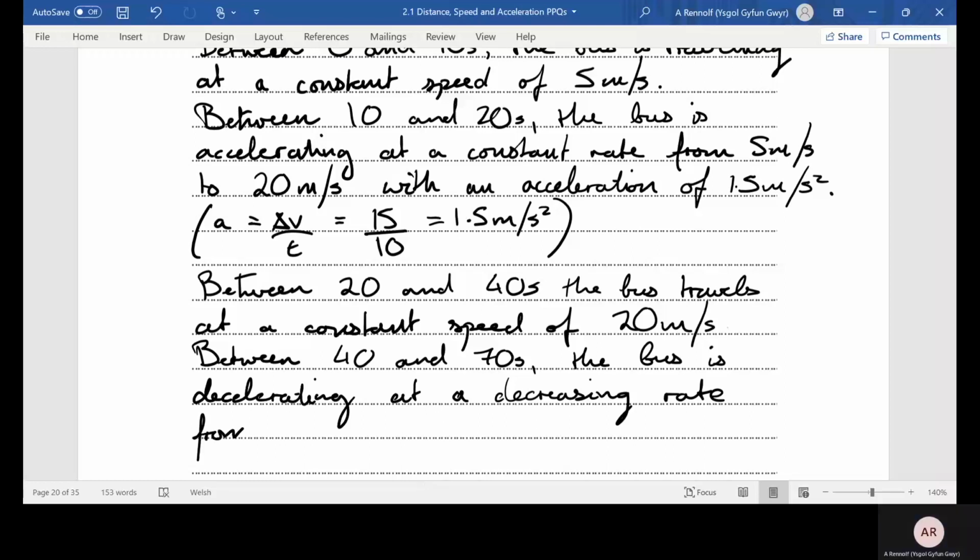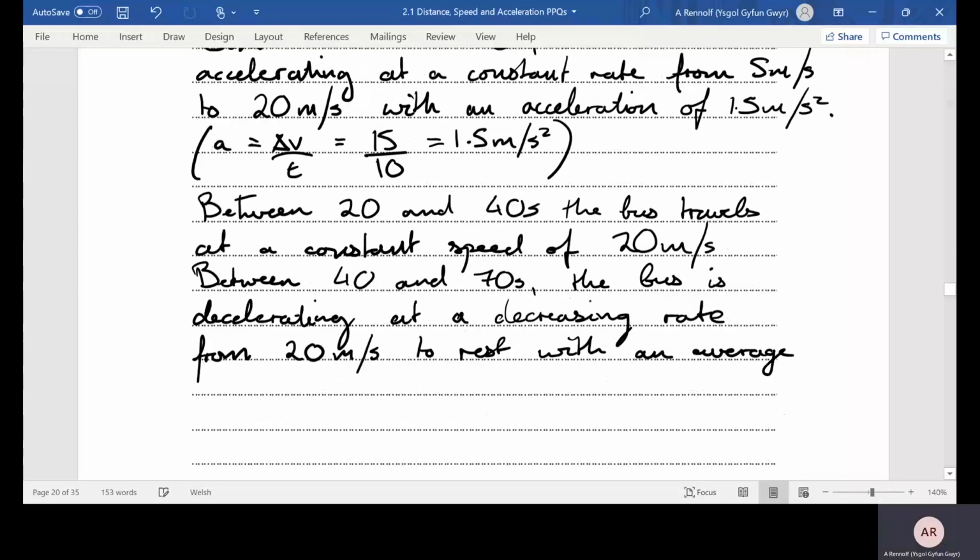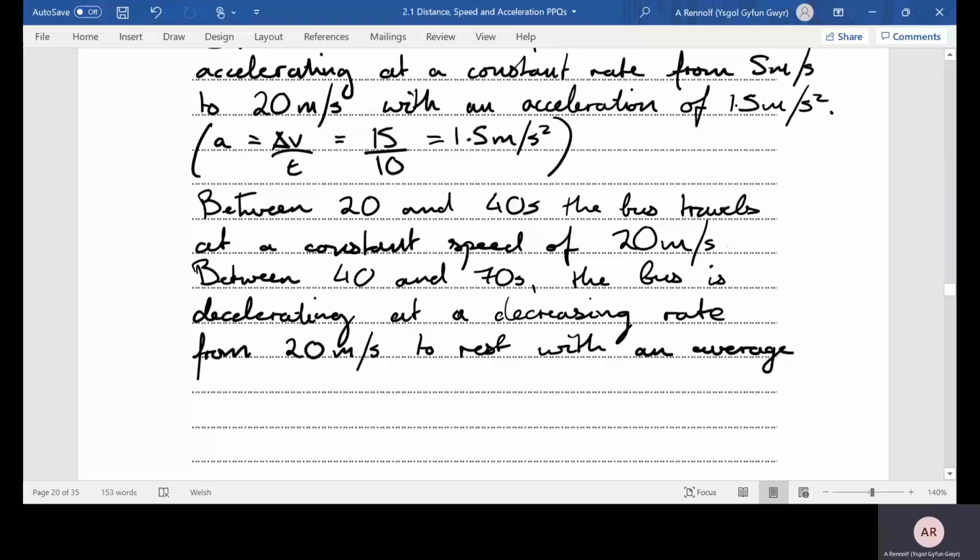from 20 meters per second to rest with an average deceleration. Remember, I've got to say average now because it's not constant. So an average deceleration of, let's leave a gap and do our calculation.